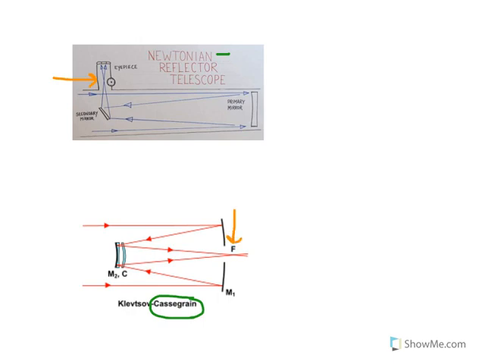So the same thing is going to be true with a mirror. It's going to be the distance from the mirror to where the light rays cross. And the same thing for a Cassegrain, from the mirror to where the rays cross. So that principle is still the same, just looks a little different because of the design of the telescopes.